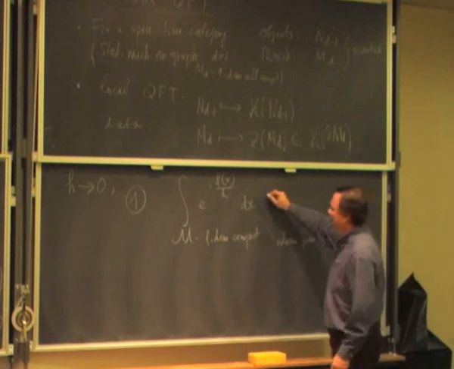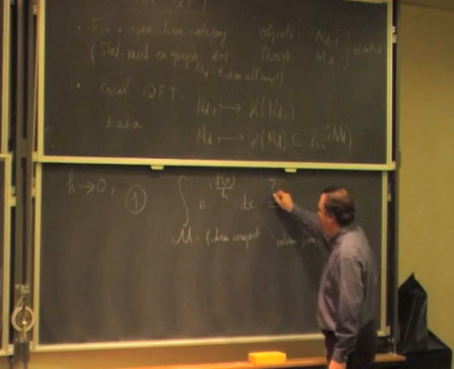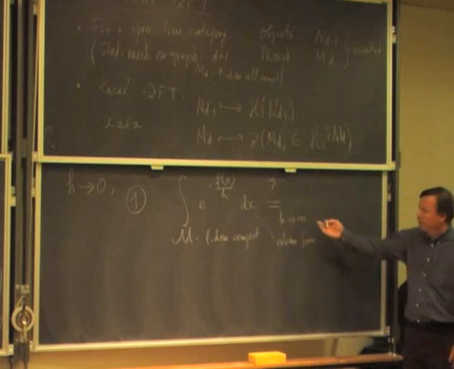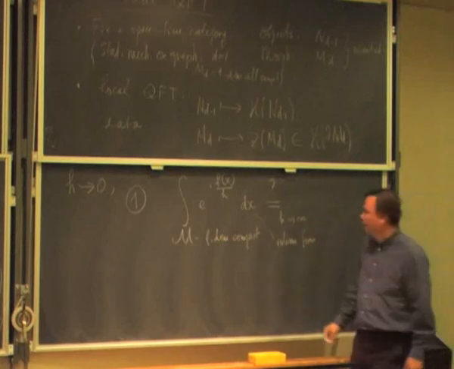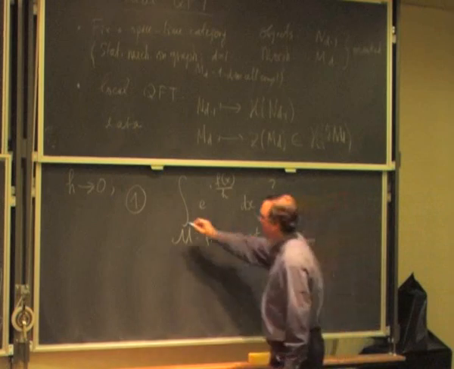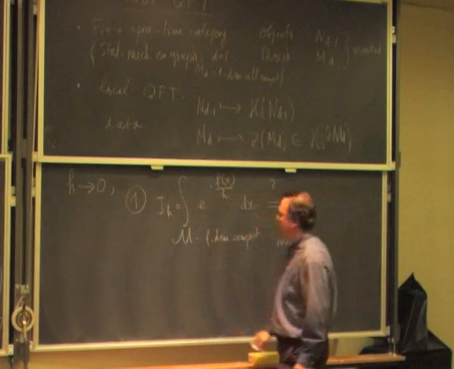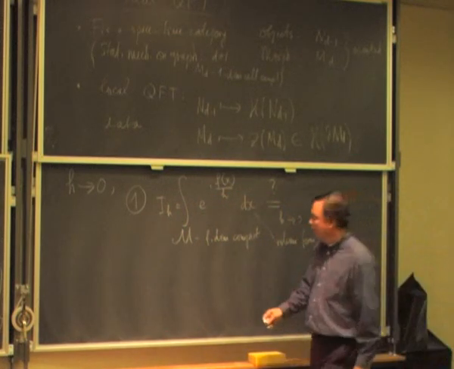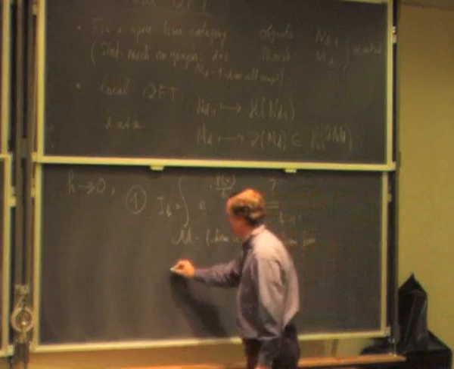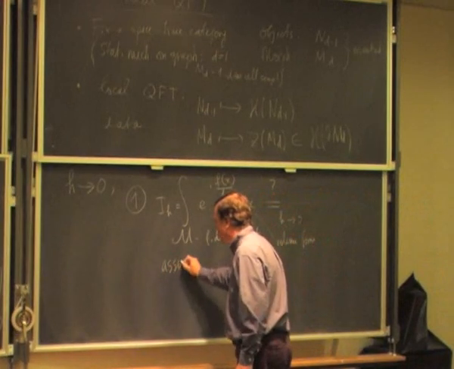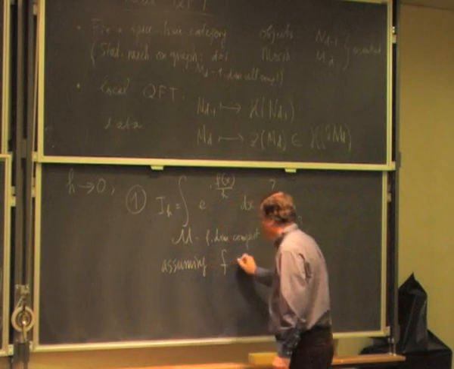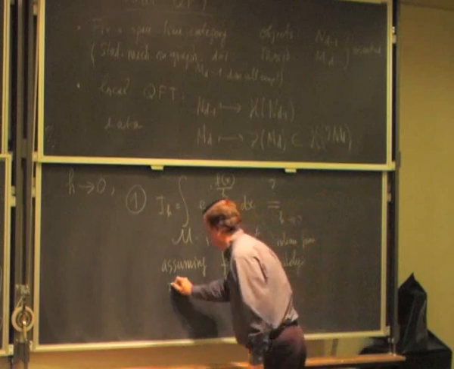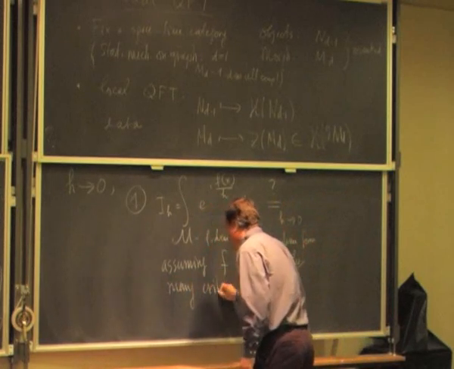The question is how to find the asymptotical expansion of such an integral as h goes to 0. And so this will be our first task, to find this asymptotical expansion, assuming that f has finitely many critical points.